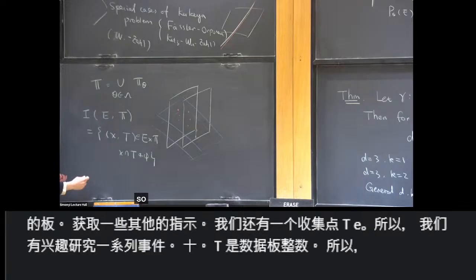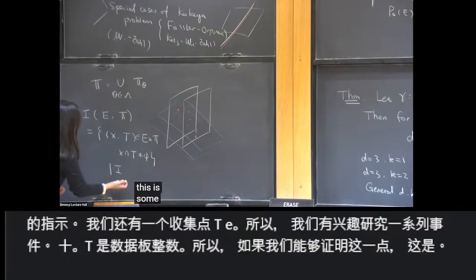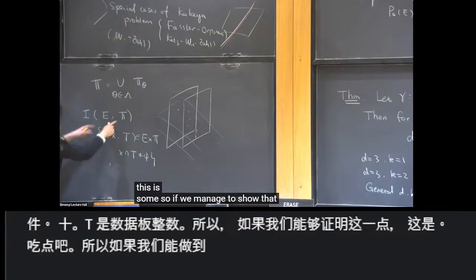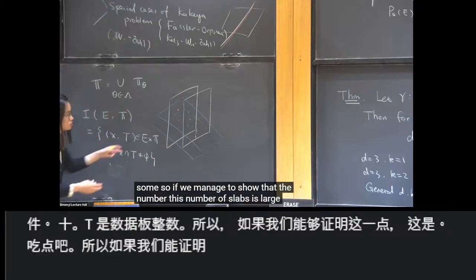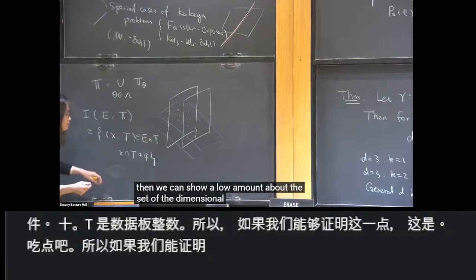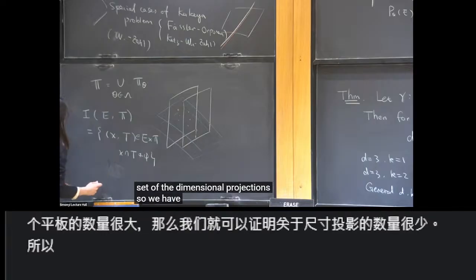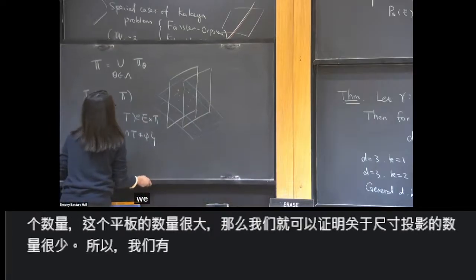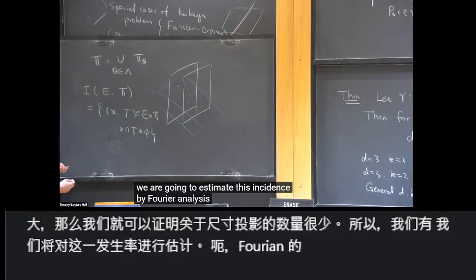So if we manage to show that this incidence has some bound, so if we manage to show that the number of slabs is large, then we can show a lower bound on the dimension of projections. So we are going to estimate this incidence by Fourier analysis.